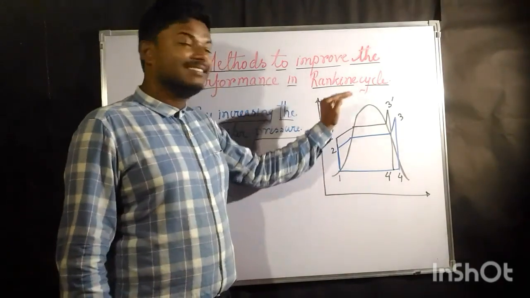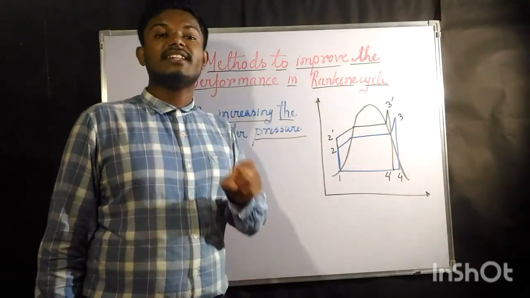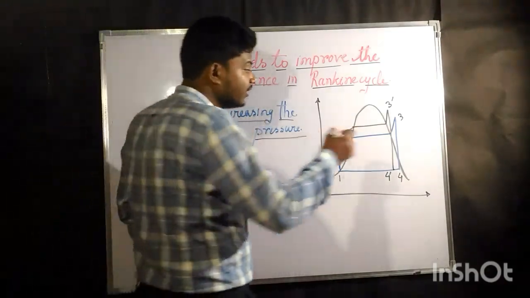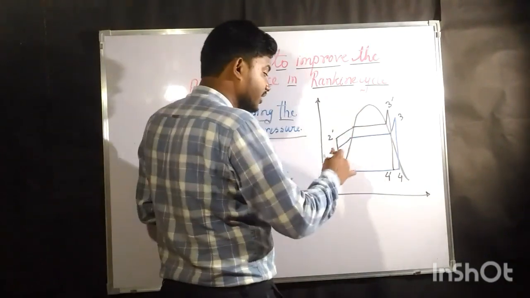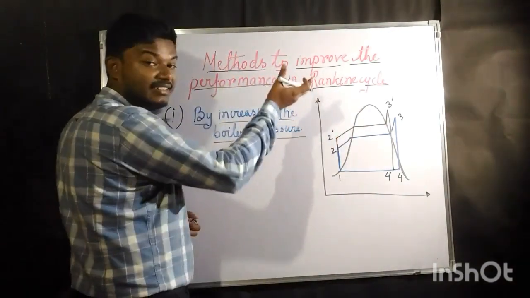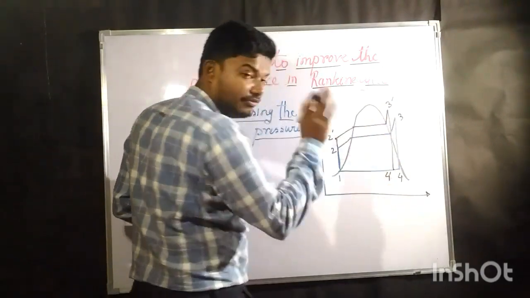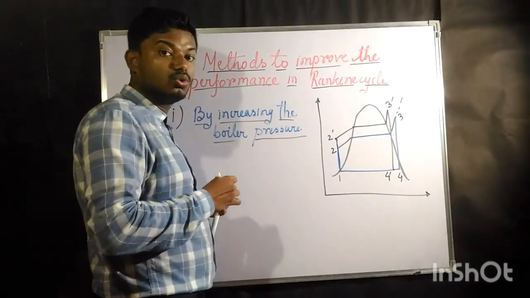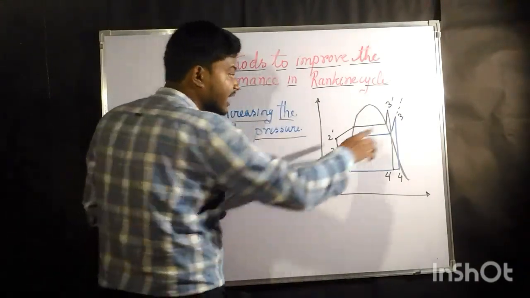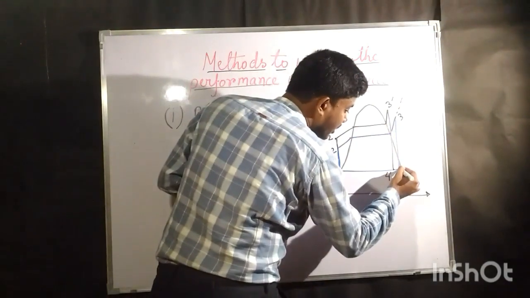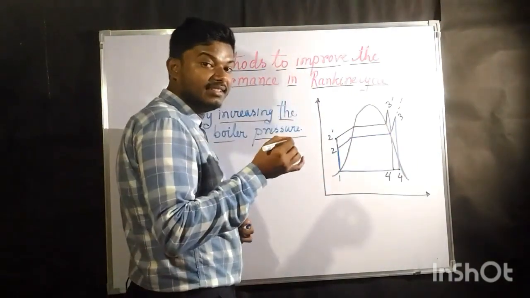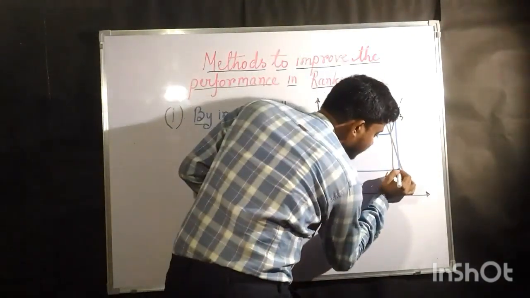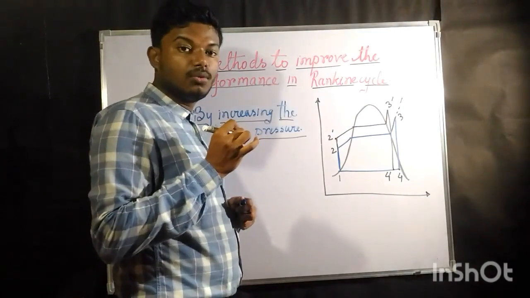Okay, so by increasing the boiling pressure, we have seen the advantage that the efficiency always increases, but one disadvantage is also there. When it was at lower pressure, at 2 to 3, the outlet of the turbine, whatever substance came out of the turbine, was here at point 4.